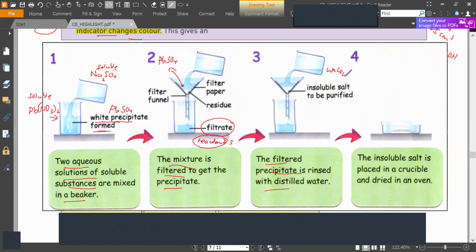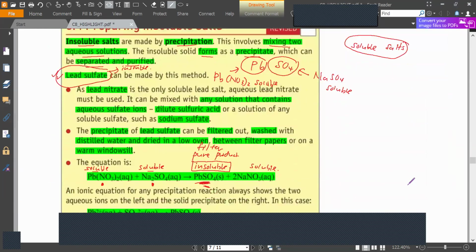So now we add more water to wash the product. And then in the end, the insoluble salt we put in the evaporating dish or crucible and dry in an oven. So this is how we collect the product for the insoluble salts.